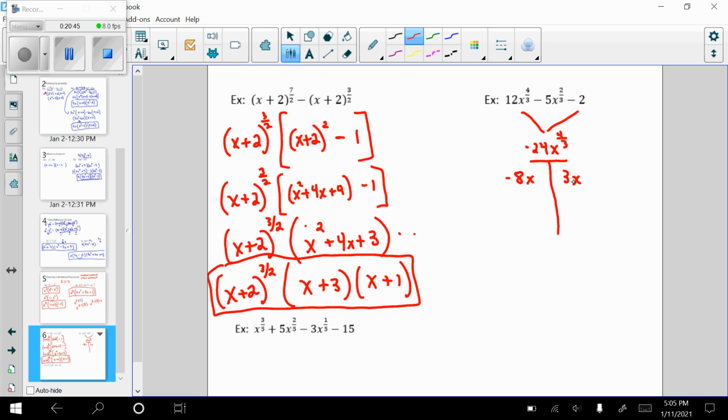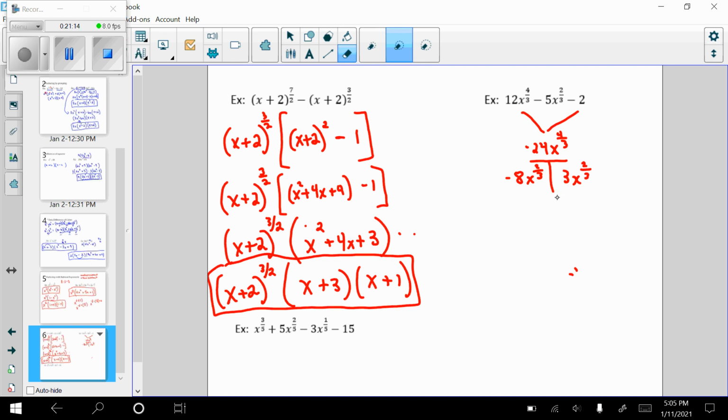But remember, my exponents are going to be added. So this becomes 2/3 and 2/3 because I am multiplying those. So when I add those two numbers, negative 8x to the 2/3 plus 3x to the 2/3, my exponent stays the same, just like it always does.